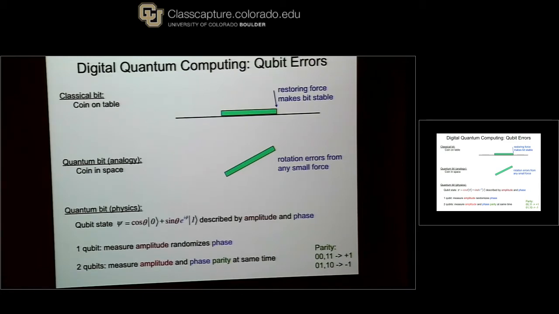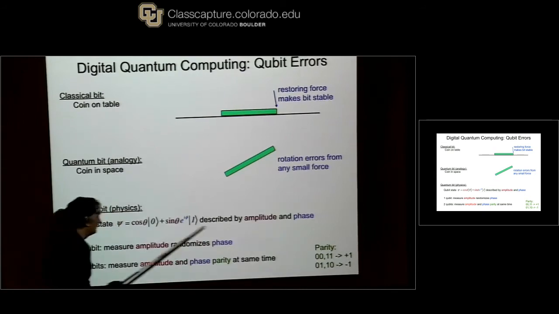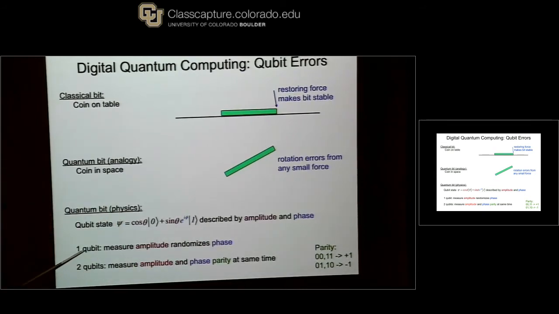Okay, that's the analogy here that I'm trying to get across. So when you have a qubit state with an amplitude and a phase, if you have one qubit and you want to measure the amplitude to see if it's screwing up in some way, you're going to randomize the phase, right? And likewise, if you want to measure the phase, you're going to screw up the amplitude.